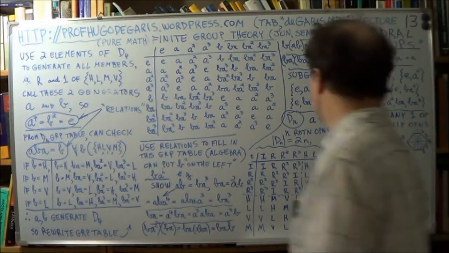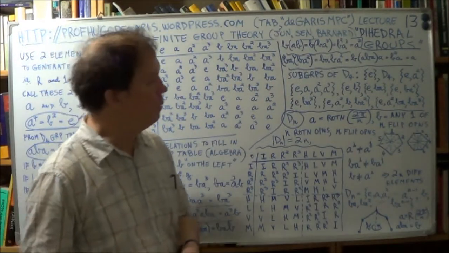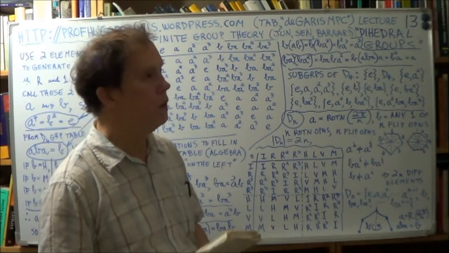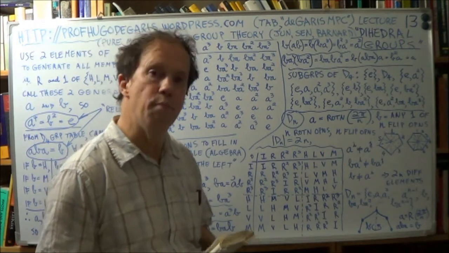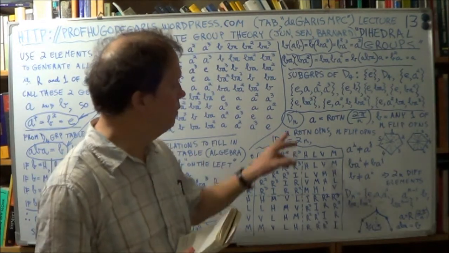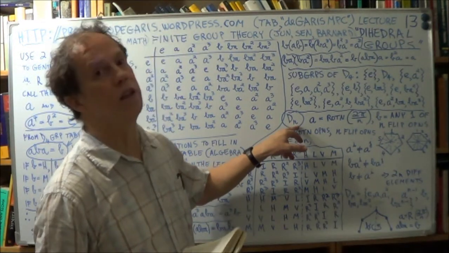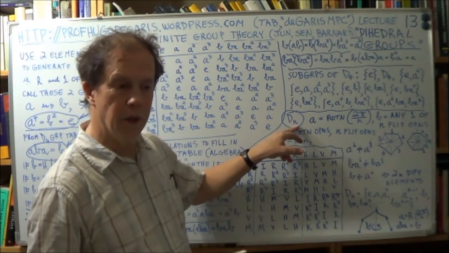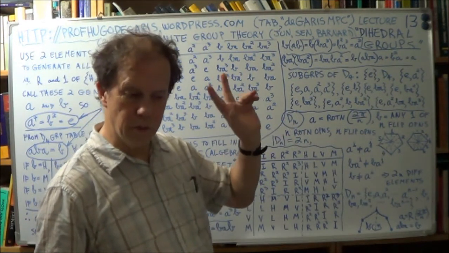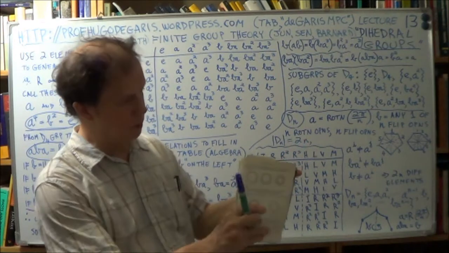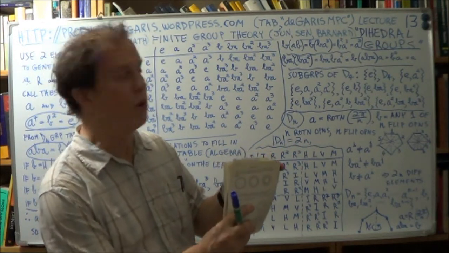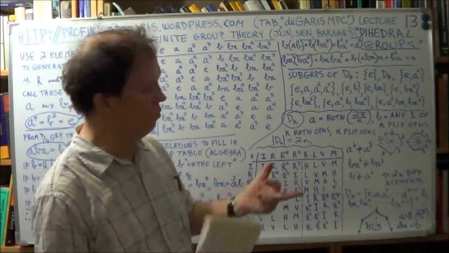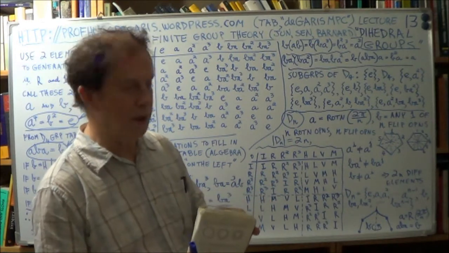Let me ask you, what would the presentation of Dn be? So I'm asking you, what are those two sets? The set of the generators. What are the generators of this group, and what are the relations?